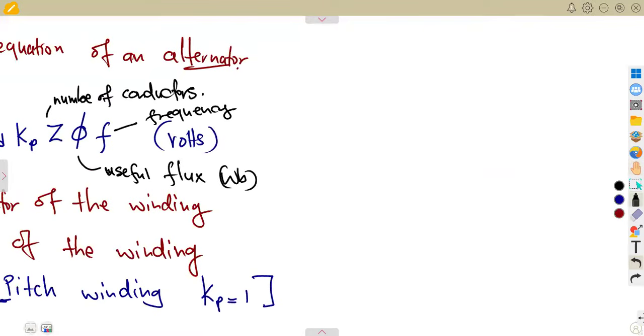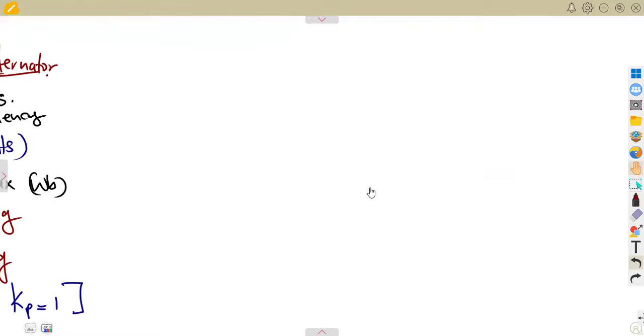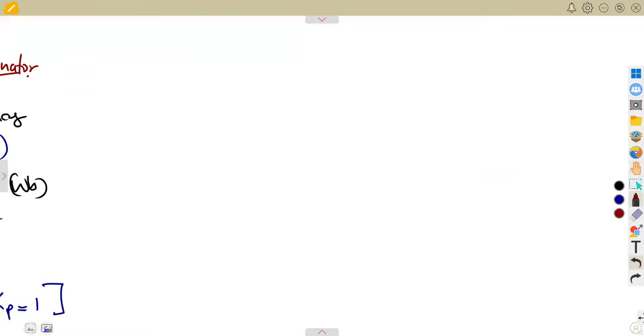Then the frequency, as you can see on our formula, there's a frequency there. In most cases, you may not even be given the frequency, but you need it, and they need you to calculate it. You can calculate this from the synchronous speed.